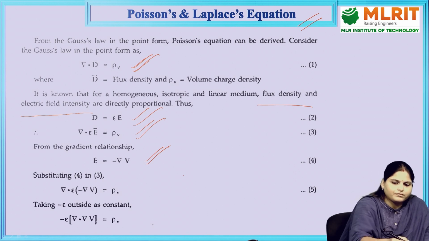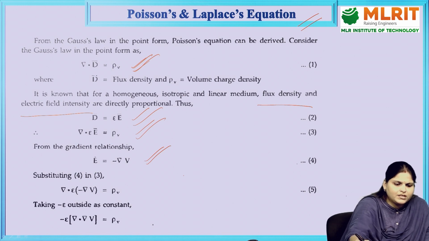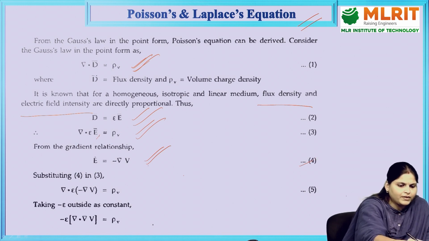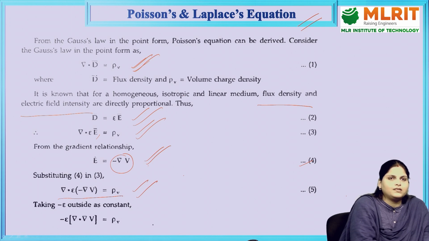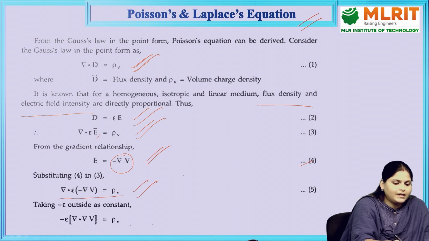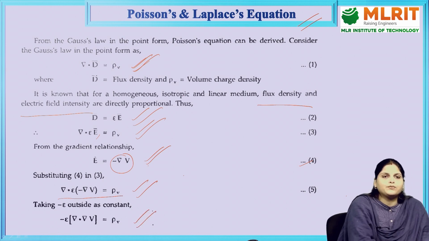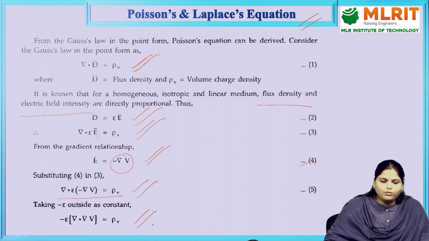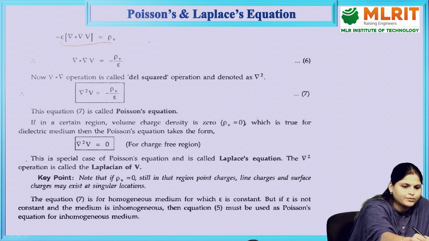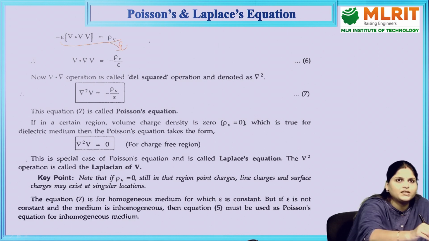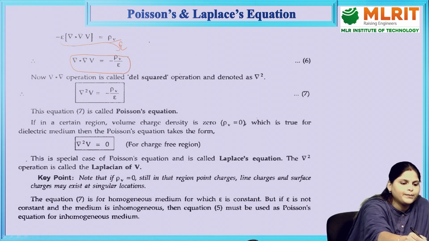Now if you substitute this fourth into third in place of E, we get del dot epsilon times minus del V is equal to rho V. Then we rearrange and simplify, and we get minus epsilon del dot del V is equal to rho V. Again simplifying, epsilon goes into the denominator, and we get del dot del V is equal to minus rho V upon epsilon.